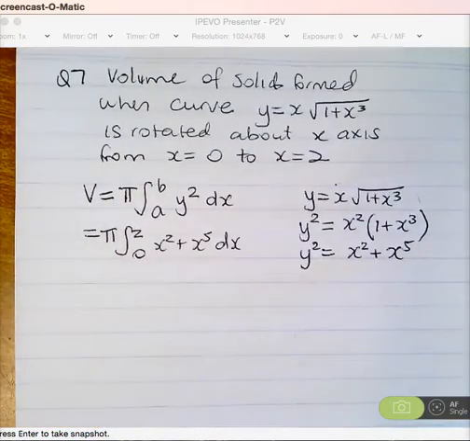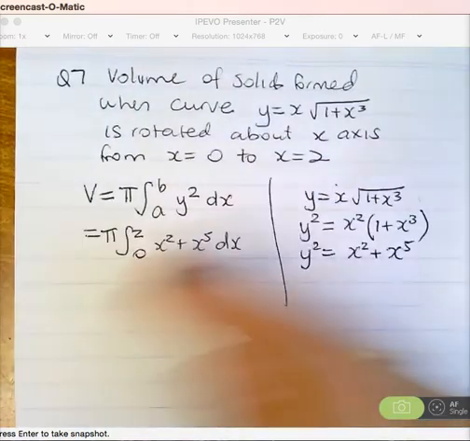The only time you can't integrate is when you've got a product, 2 functions of x multiplied by each other, or the quotient of 2 functions. A function divided by another function where one's a square root or something like that.